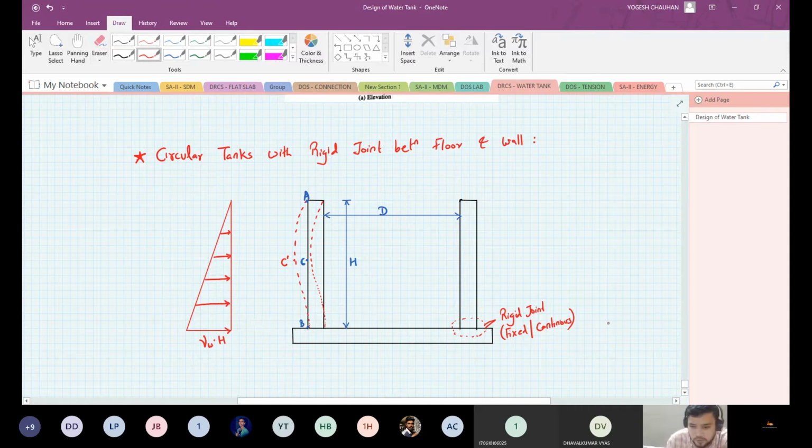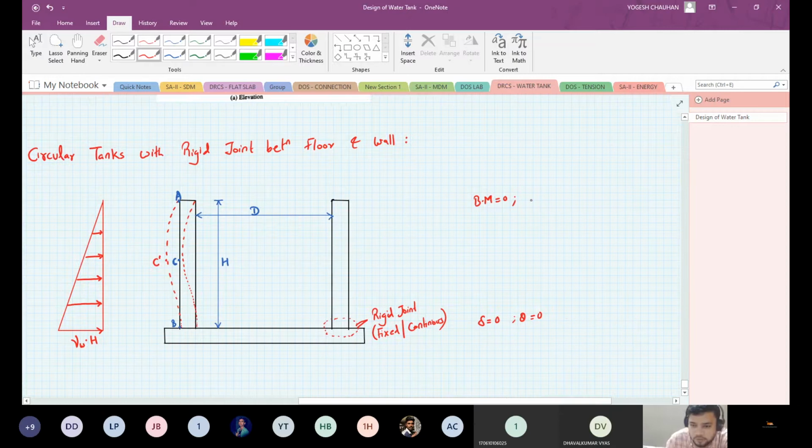And at the top, again, your bending moment will be zero, and your shear force will be zero.